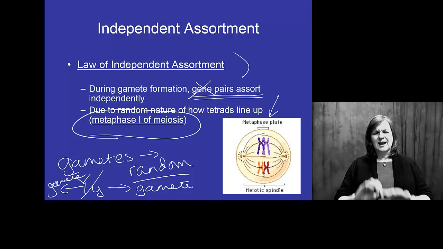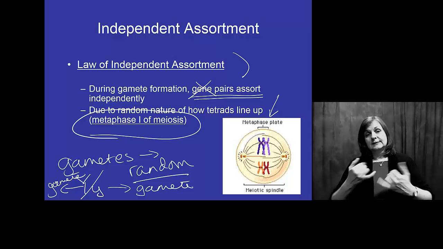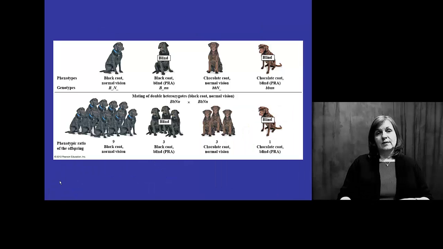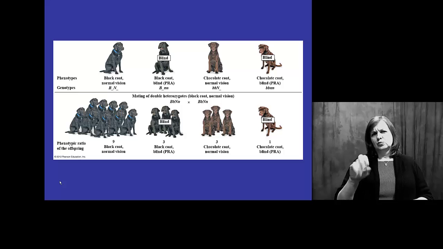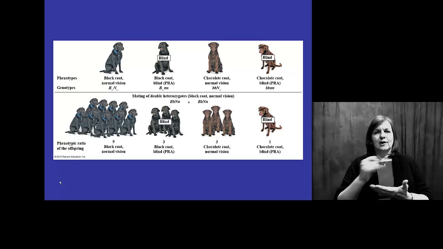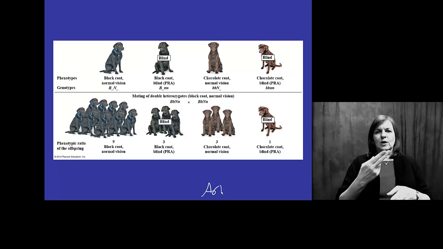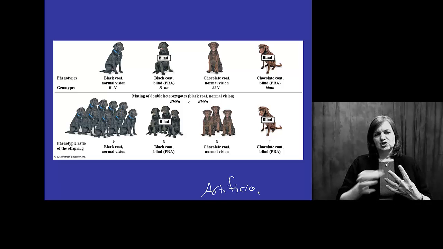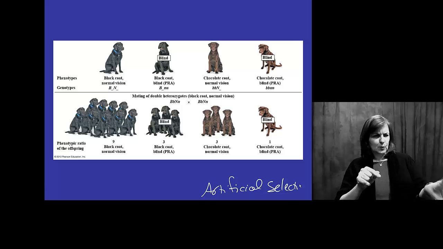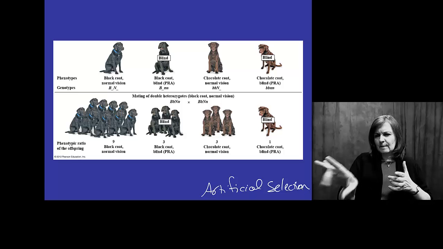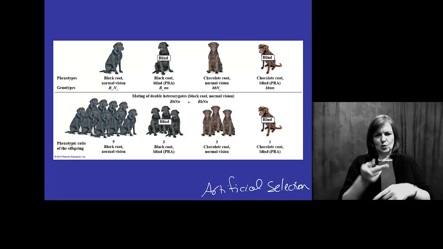So how did he start looking at this even more? Well, we look at it today a lot in dogs because dog breeding has become a bit of an art with individuals. This certainly falls under something we'll call later artificial selection. We are selecting particular traits in the dogs that are of interest to the breeders.